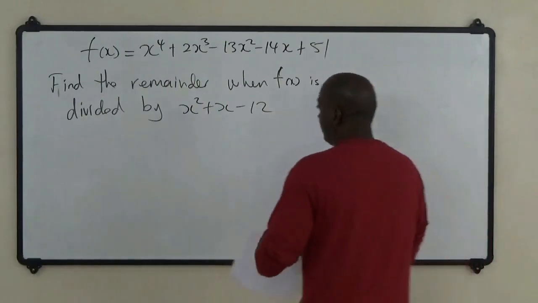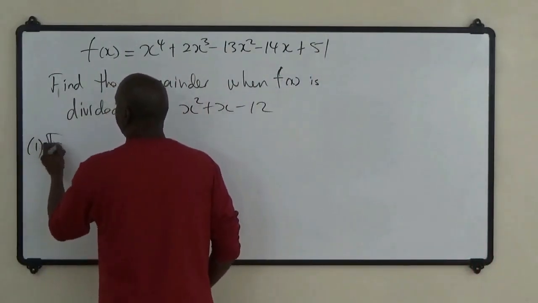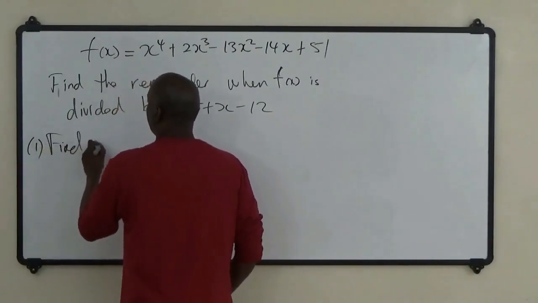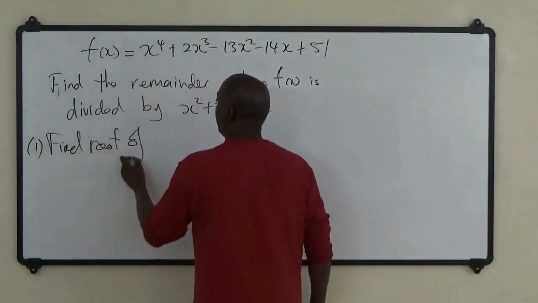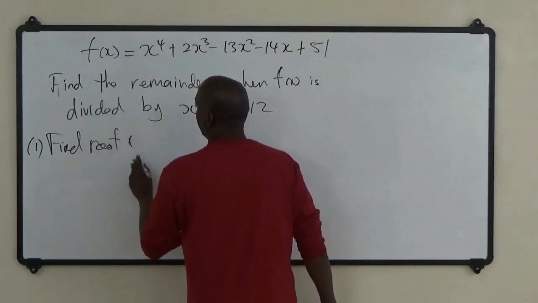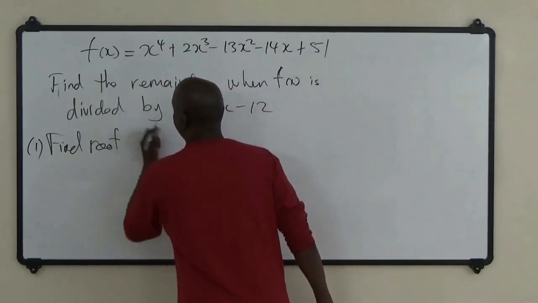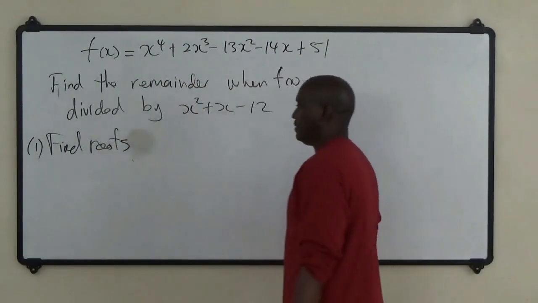So step 1 is the same. Find the roots, in this case, because if it is a quadratic divisor, then we have 2 roots.